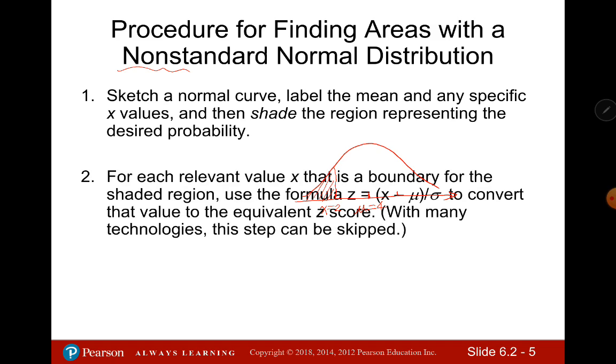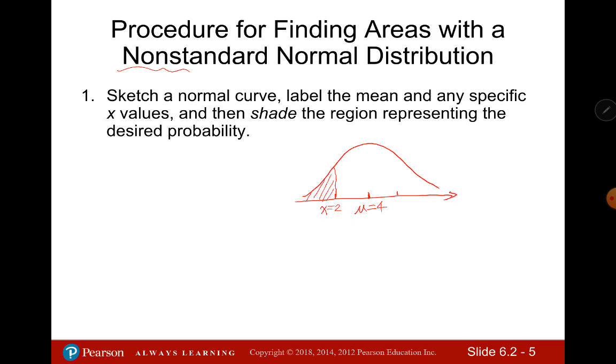The second step, we need to convert to get the z-score. So we should use the x value to convert it to the z-score. So we will say the first step, we list the mu.